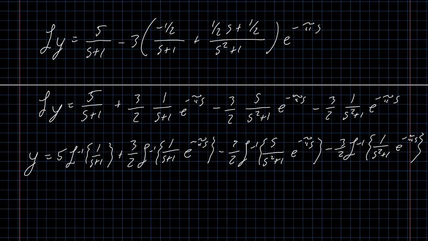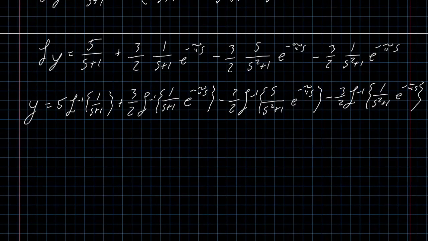The first term here is just an exponential. 1 over s minus alpha becomes e to the alpha t. So in this case, alpha is negative 1. So we'll have y is 5 times e to the minus t. Then we'll have 3/2.